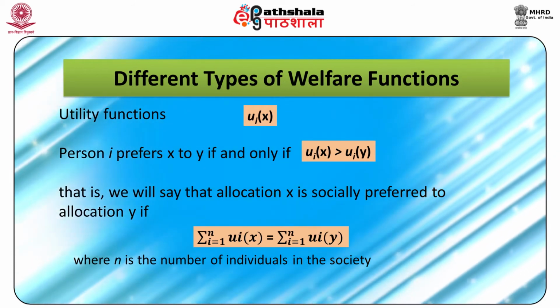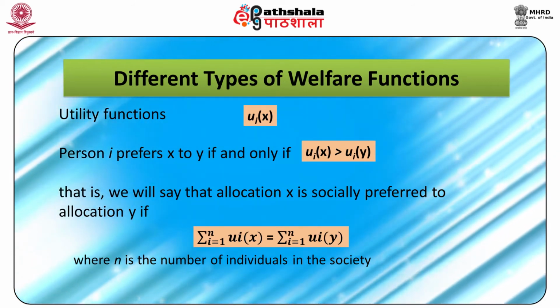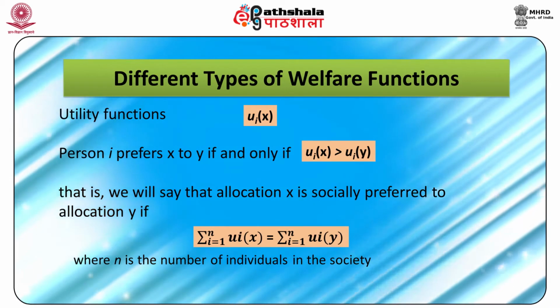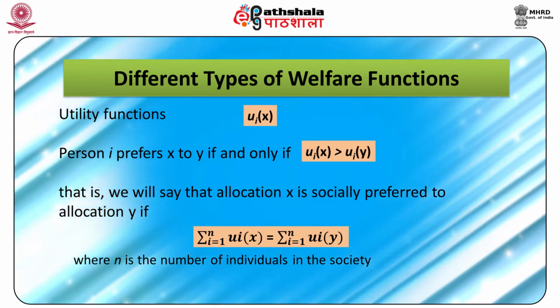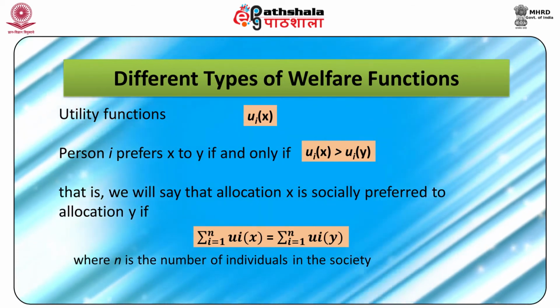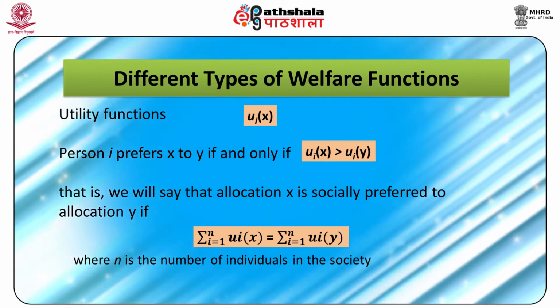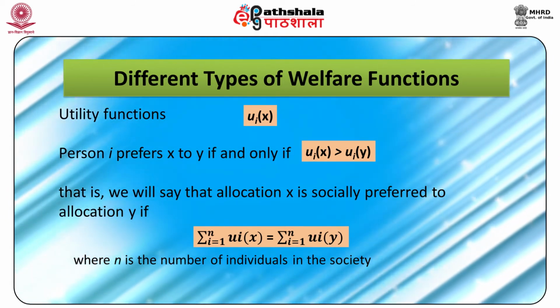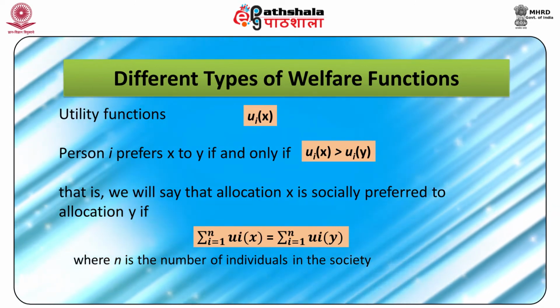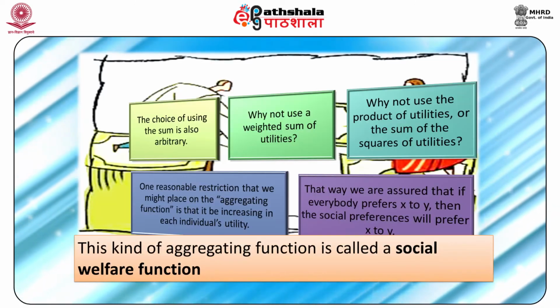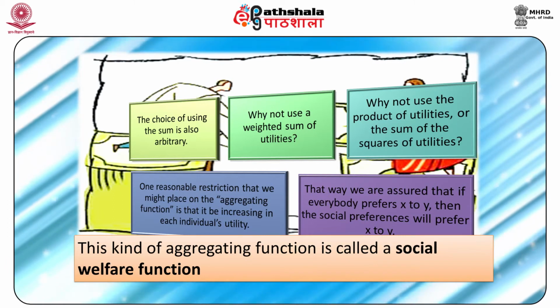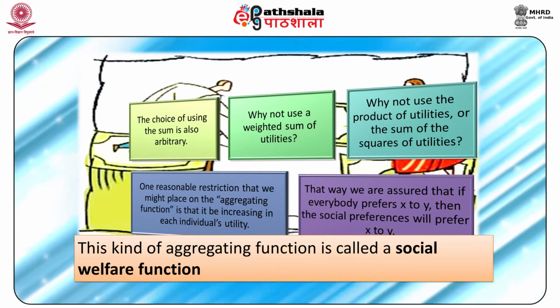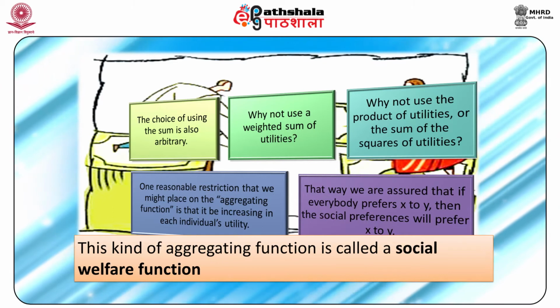That is, we will say that allocation x is socially preferred to allocation y if the sum of u_i(x) for i from 1 to n is greater than the sum of u_i(y) for i from 1 to n, where n is the number of individuals in the society. This works, but of course it is totally arbitrary, since our choice of utility representation is totally arbitrary.